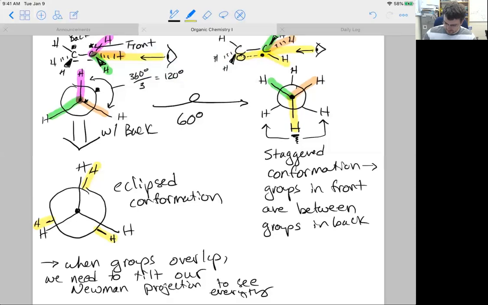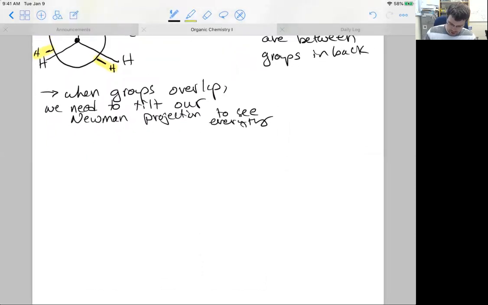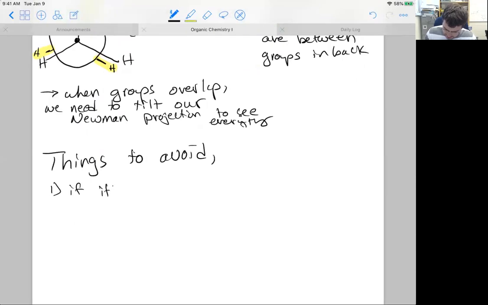Okay, so before we end this first look at Newman projections, we've got things to avoid. Number one, if it's on the circle, don't connect it to the dot.